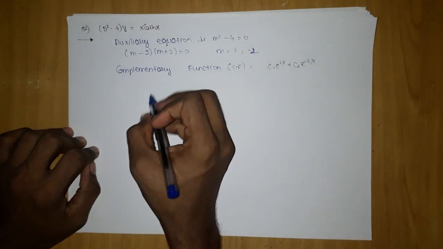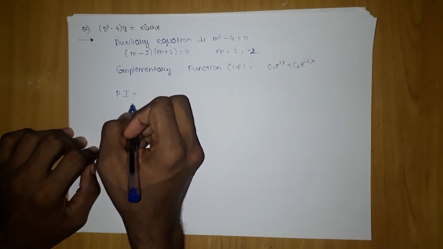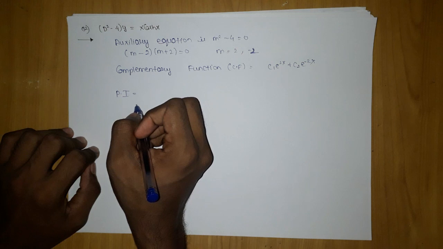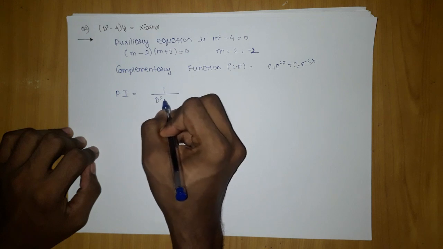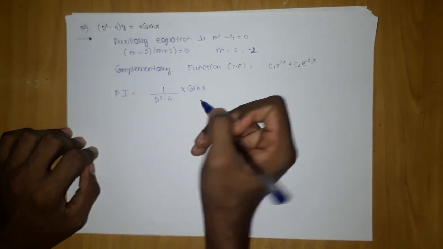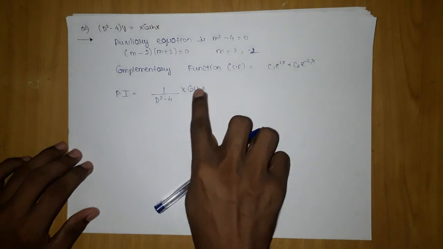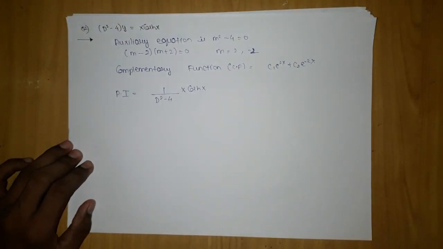So this is done. Now the particular integral. You know cos hx is not a circular function, it is a hyperbolic function. So what we are going to do, 1 by d square minus 4 into x cos hx. Now you know cos hx can be written in the format e to the power x plus e to the power minus x by 2.